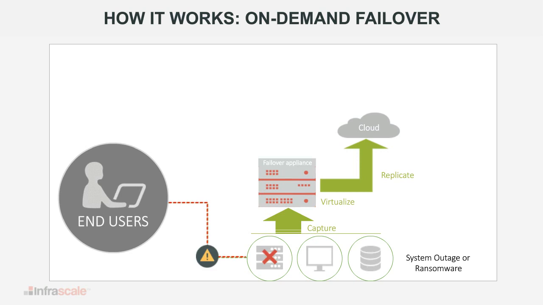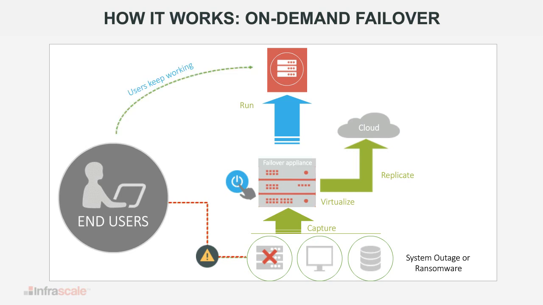So if one system were to go down, in this case a system outage or ransomware, you see one system going down, the admin could fail over to the local appliance. From there, bring back the most recent point or replica of that system, and the end users can continue working with that application or with that server.